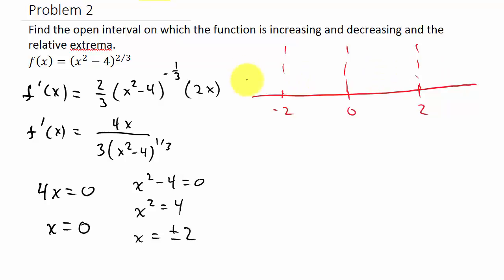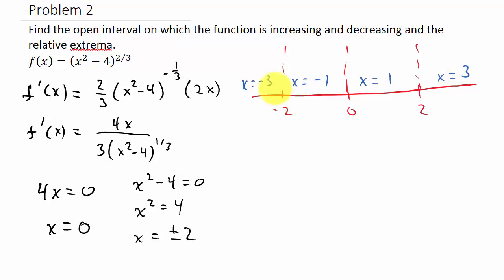Here I'll choose x equals -3. Here I'll choose -1. This region I'll choose 1. And this region I'll choose 3. And remember, you can choose any numbers you want as long as you choose a number from each region.